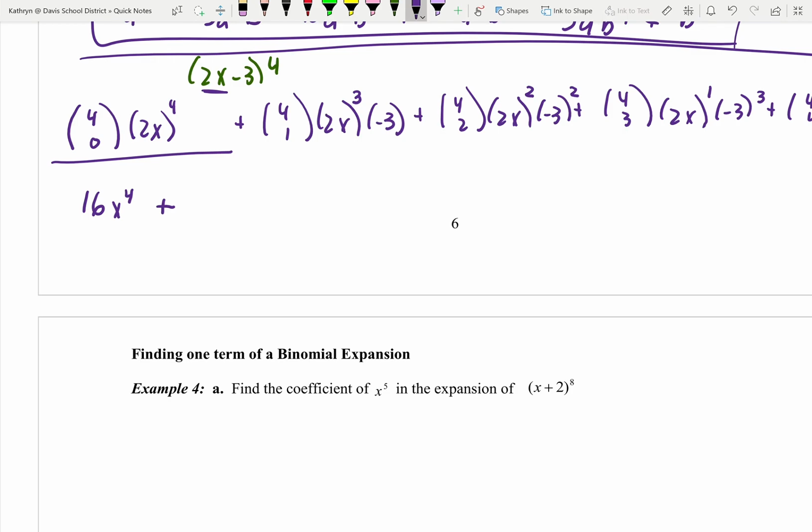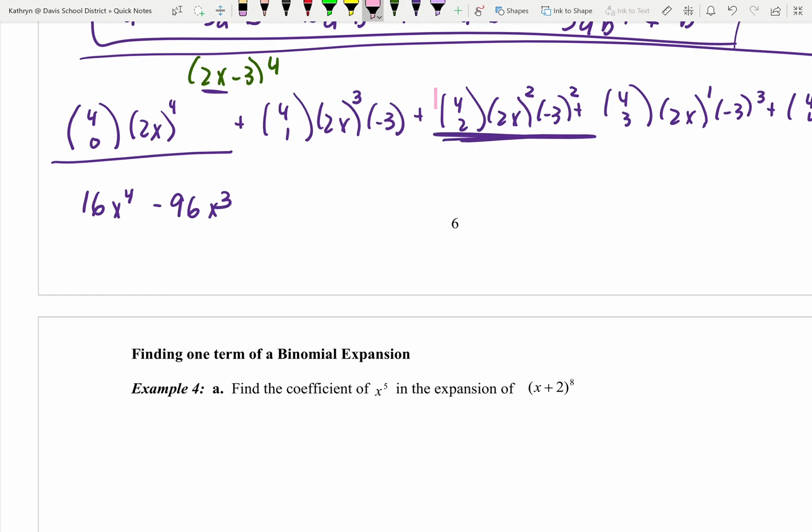4, PRB, right, enter, 1, enter. Now I'm going to go times, parenthesis, 2, close it off, raise it to the 3rd, parenthesis, -3, close it, enter, and I get -96. And that would be an x to the 3rd. Now I'm on this guy. Okay, look what I'm doing.